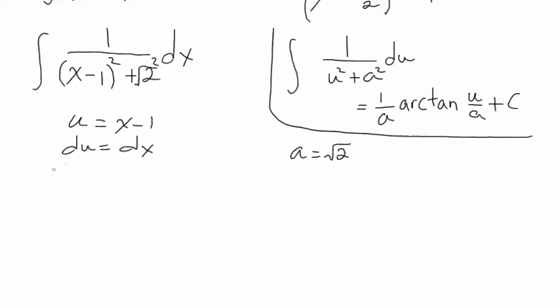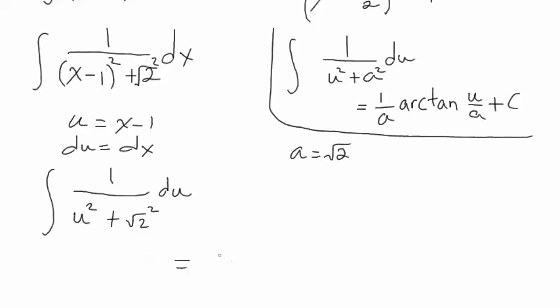So we've got the integral of 1 over u squared plus the square root of 2 squared du. So we just replaced that dx with a du. We didn't have to do anything special there. And now we've got it in this form right here, as you can see.